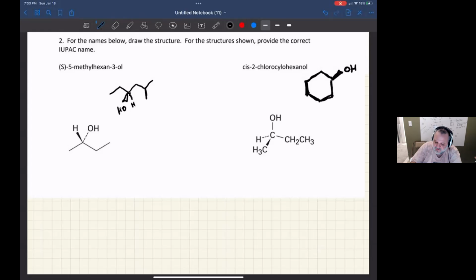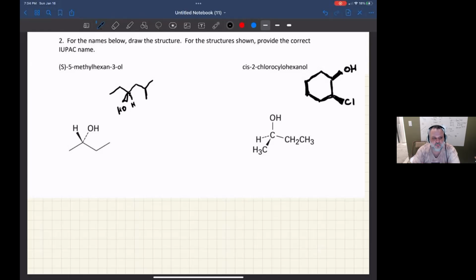If it's cis to the chlorine, then I need to draw the chlorine in the same direction as the alcohol. I could have drawn it up, I could have drawn it down. Again, at this point in the stereochemistry game, you know that there are 2 cis-2-chlorocyclohexanols and not 1, so it doesn't matter which one we draw since it wasn't specified.